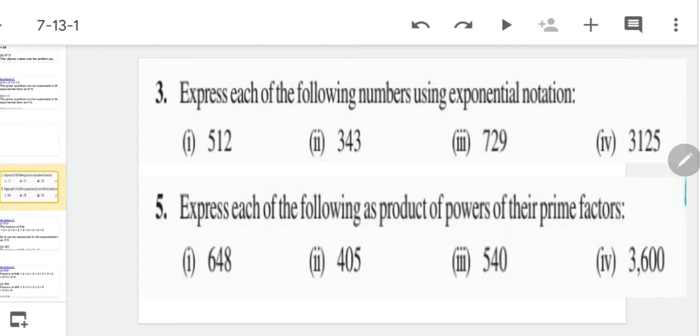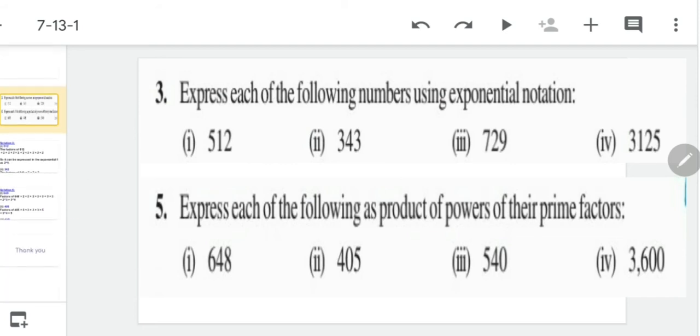Questions number 3 and 5 are kind of similar questions. So we will do 3 and 5 first. Then we will do further questions. So in the third question, we have to express the following number in its exponential form. And in the fifth one also, we have to express the given number as a product of its prime factors.